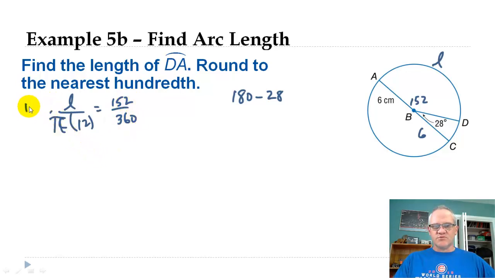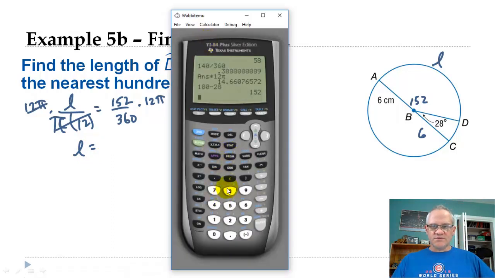Then I'm going to go times 12 pi on both sides so that these cancel. And then I'm going to type this into my calculator: 152 divided by 360, and then times 12 pi.